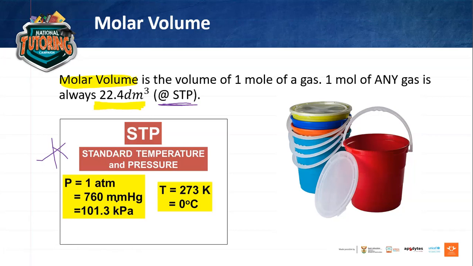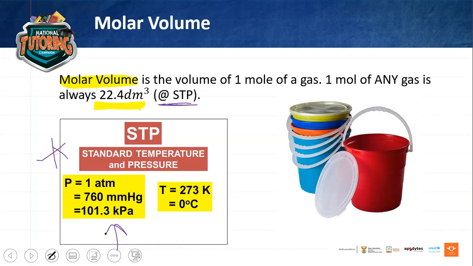There are other units as well, millimeters mercury, which we don't use often, and then 101,3 kilopascals. Pascals is another unit we use for pressure. You'll see that at any of the petrol stations, where if you want to put air into your tires, say, then that's in pascals or kilopascals.